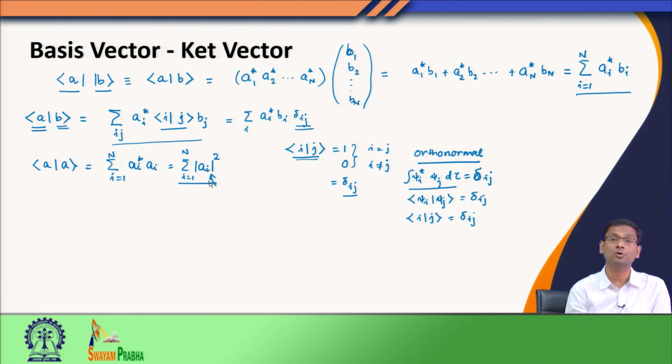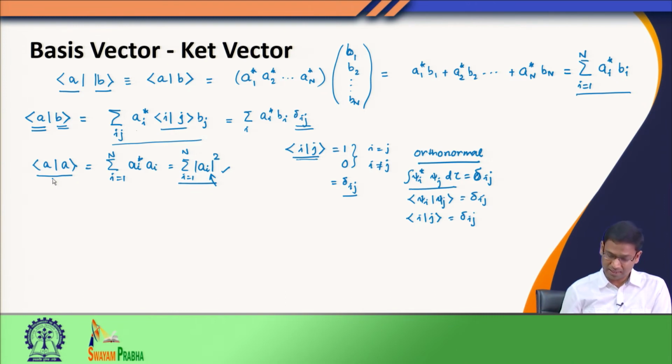So, they are always going to be real quantities, because I am multiplying A i with A i star. This is again something that we are very familiar with. So, we are rewriting the quantum mechanical postulate in terms of the bracket notation.